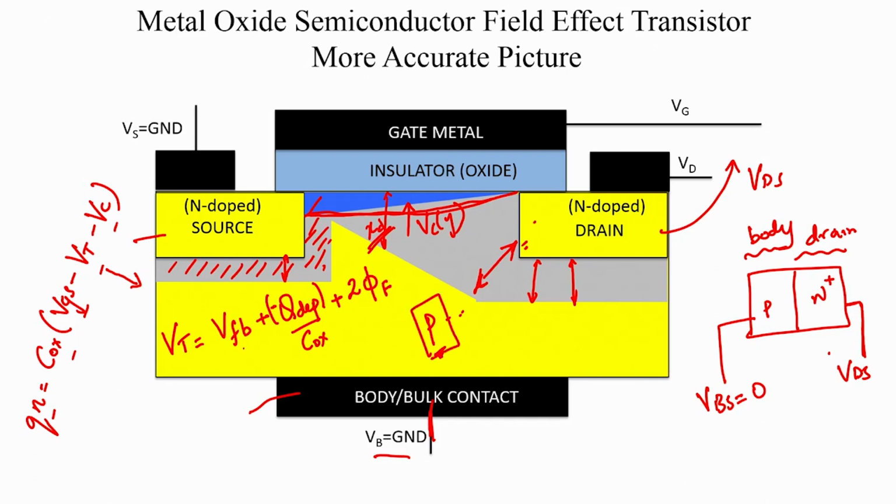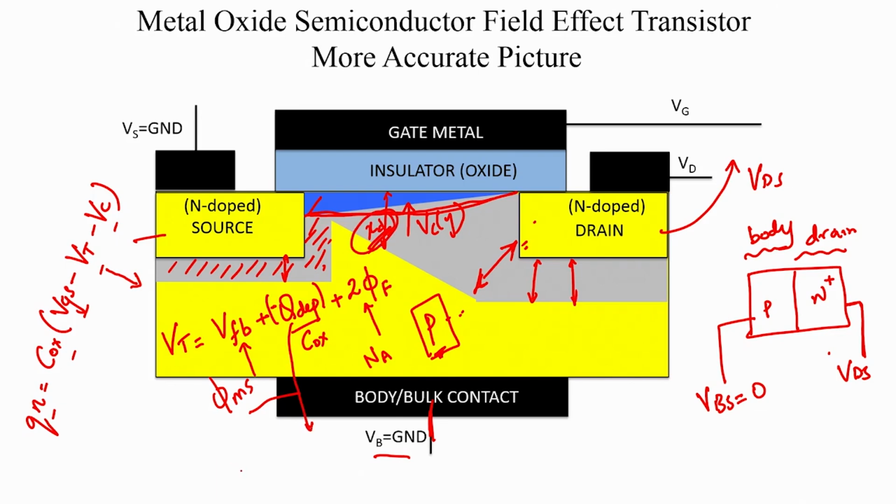So, VFB so far is only related to the metal semiconductor work function difference. That really does not care as to whether the depletion width is increasing as we approach the drain side or not. Similarly, phi f only depends upon the dopant concentration Na, right. That too is not dependent on the thickness of the depletion region, but Q depletion obviously should depend upon the thickness of the depletion region.